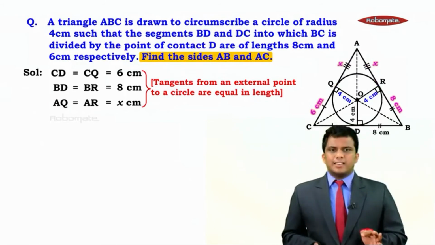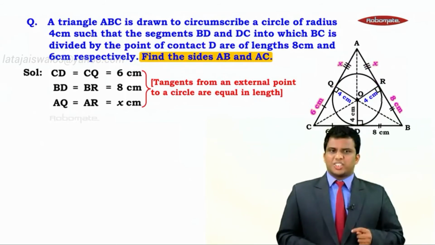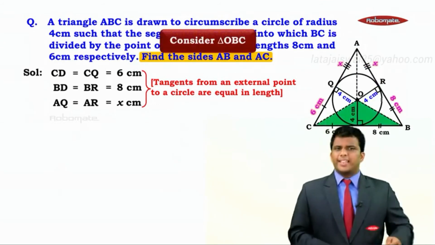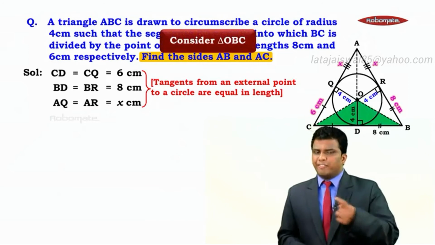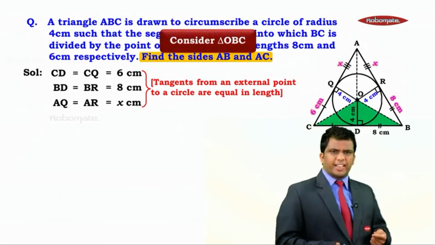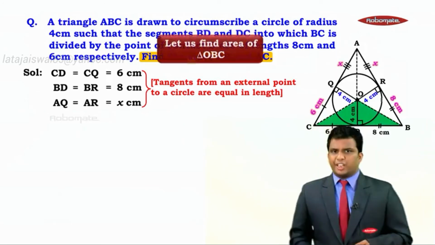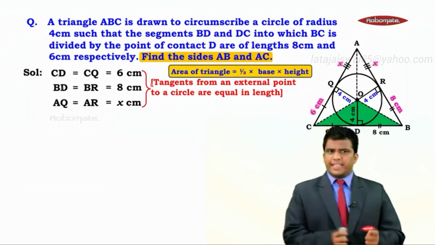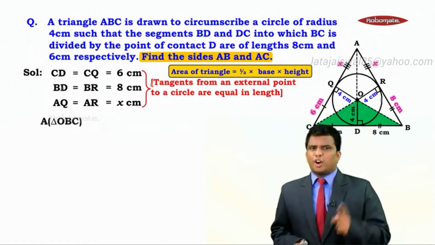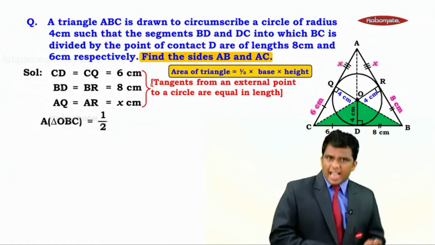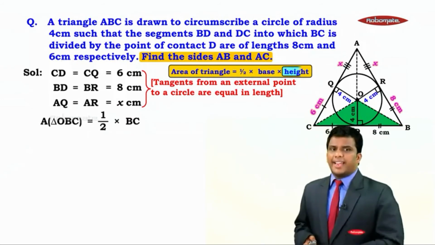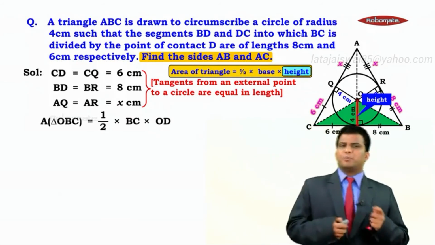As we had discussed earlier, the reason for the construction is to get three triangles. Let's go for triangle OBC. For this triangle, we have a base and its corresponding height. Area of any triangle is half into base into height. So for area of triangle OBC, we say half into BC into OD.